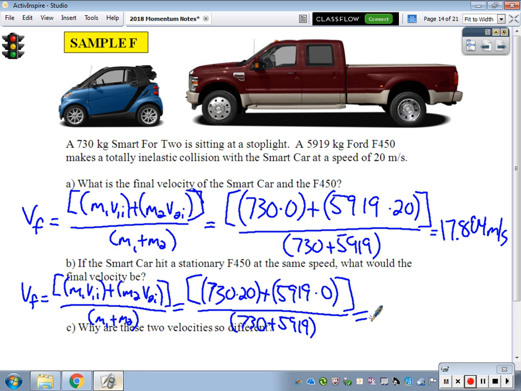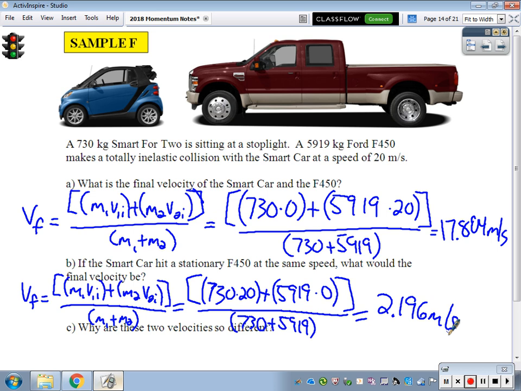Will got a quality response? What'd you get? 2.196 meters per second is what we get for that. And again, let's consider that from both perspectives. If you're in the F450 sitting at a stoplight and the Smart car collides with you in a total inelastic collision, your final velocity post-collision, at least right at the moment of impact, is 2.2 meters per second.